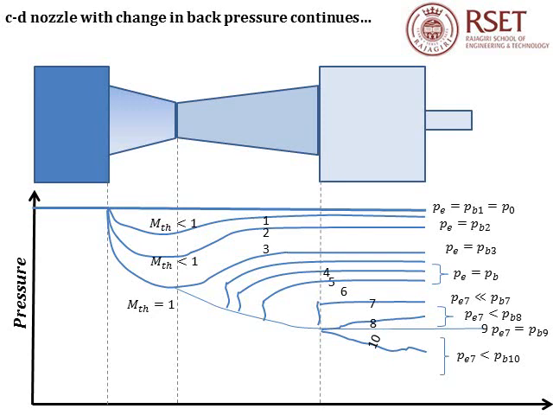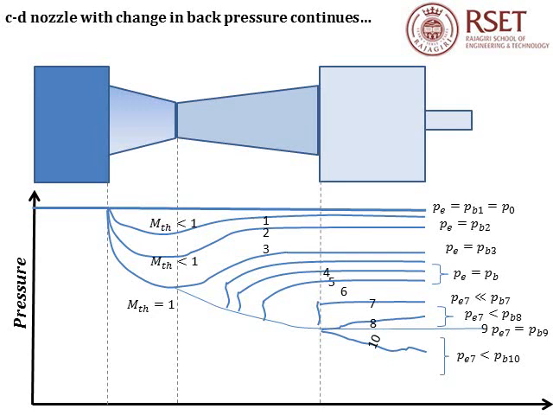Now when we further reduce the back pressure to a value say PB9, we reach a condition where the exit plane pressure PE7 becomes equal to the back pressure PB9.